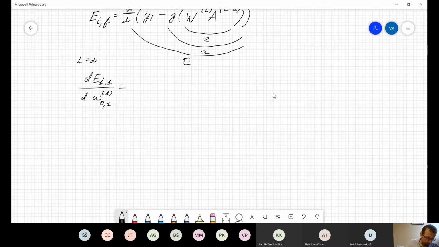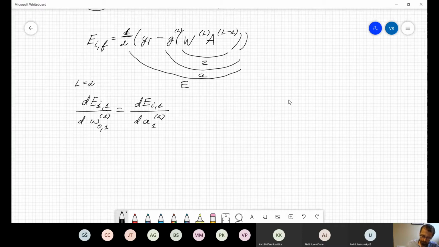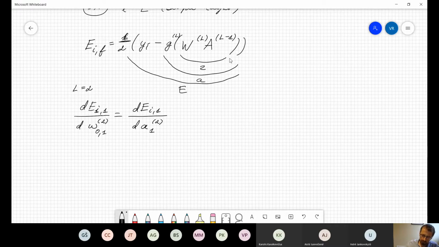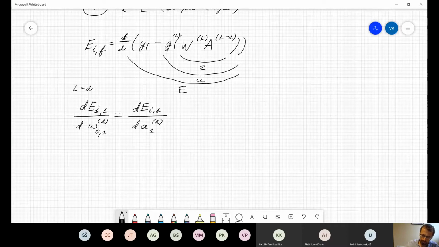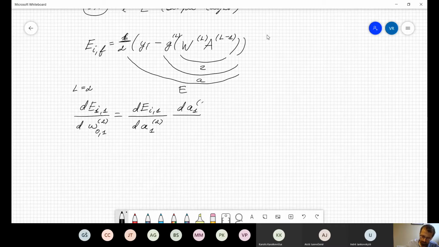By using the chain rule, we basically have the derivative of E1, the error function, with respect to A21. This guy is an argument into the error, so that's why we're deriving the error with respect to this argument. Now we multiply, by the chain rule, by the derivative of this A2, the activation function part.